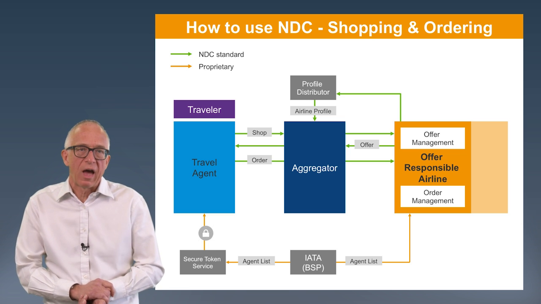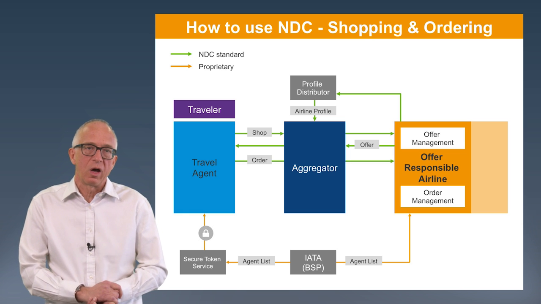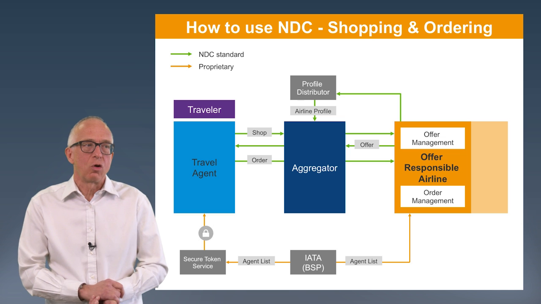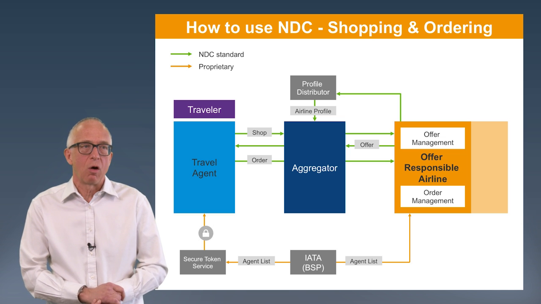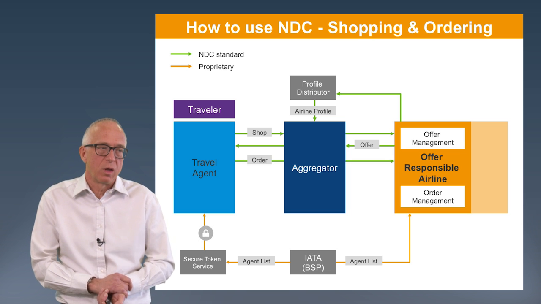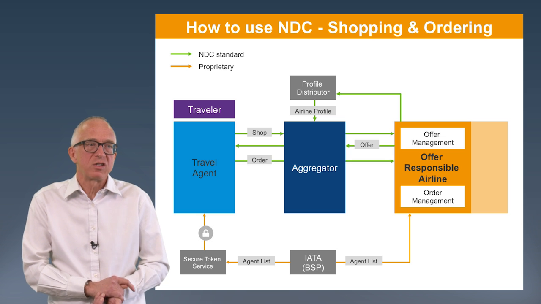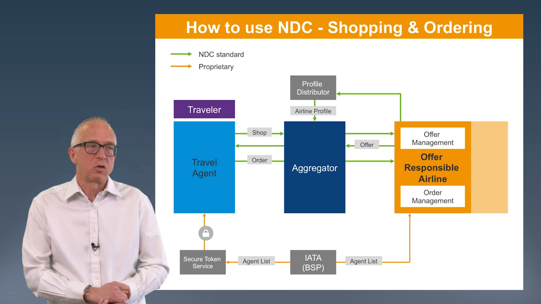As a result of that, when the offer responsible airline receives an order referred to by these IDs that it issued, it is able to exactly build an order against what it had originally offered. There can be no scope for confusion as to either the content of the offer or the price of the offer that has been built into the order.